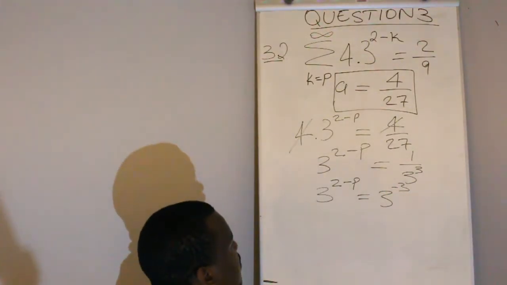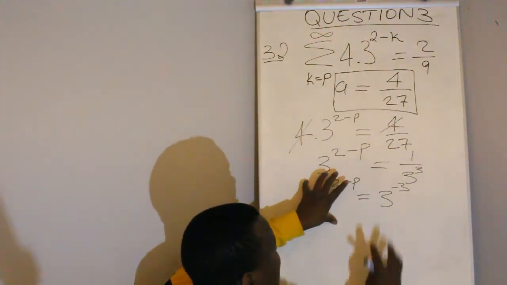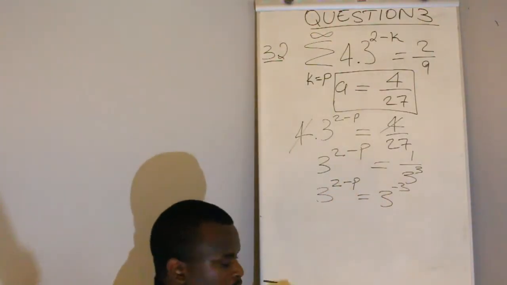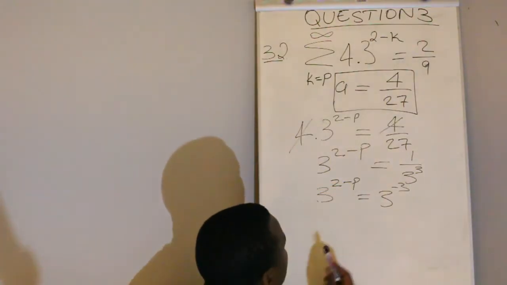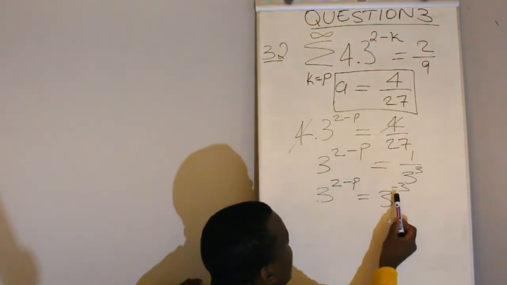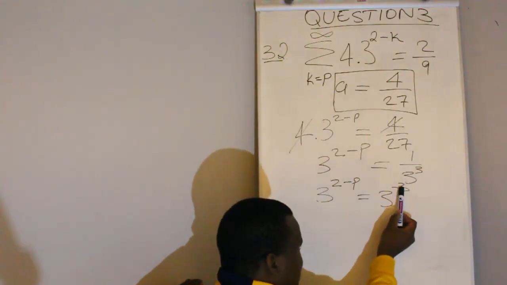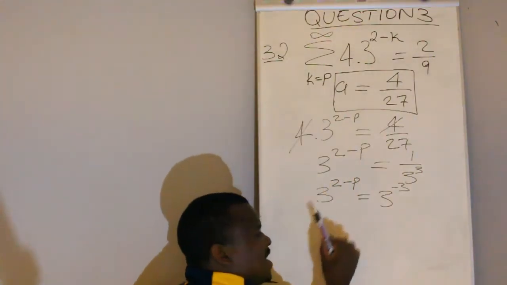So for these two terms to be equal, the left hand side and the right hand side, they must have the same power. Which means the value of this exponent must be minus 3.